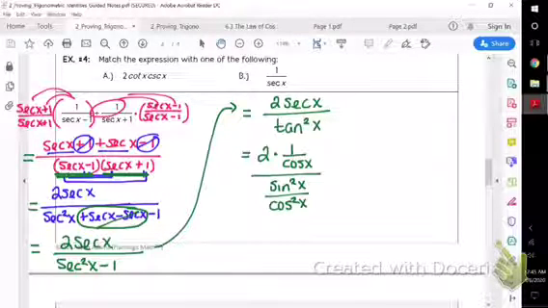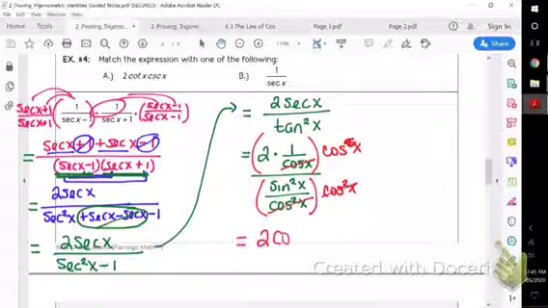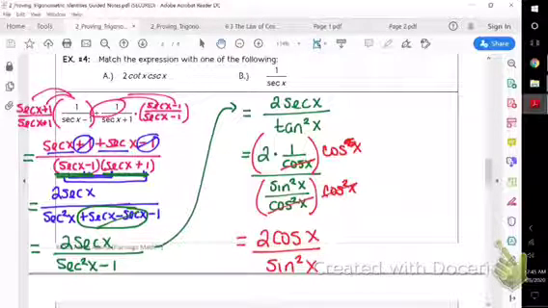Well, I can either multiply by my little denominators, or I can do keep it, change it, flip it. It doesn't matter. I like to multiply by my little denominators. So I have a cosine squared and I have a cosine. The cosine squared is bigger, so I'm just going to multiply by it. So I'm going to do that in the denominator. That cancels. And so in the numerator, that cosine and one of these will cancel. So I'm left with, in the numerator, 2 cosine of x over... In the denominator, I just have sine squared of x.